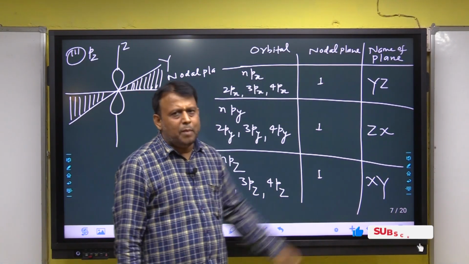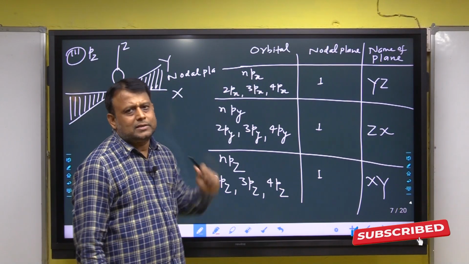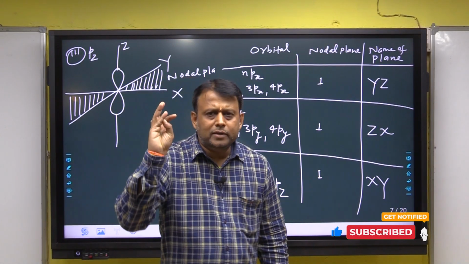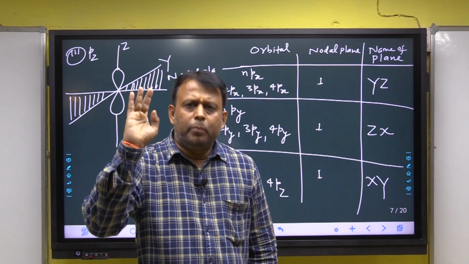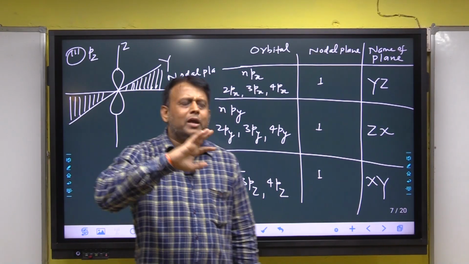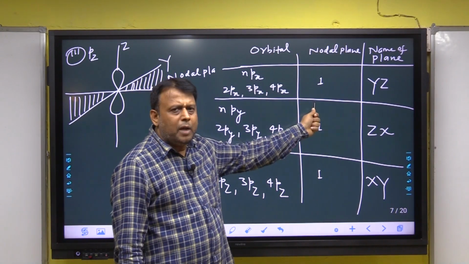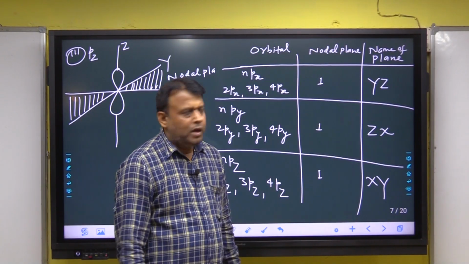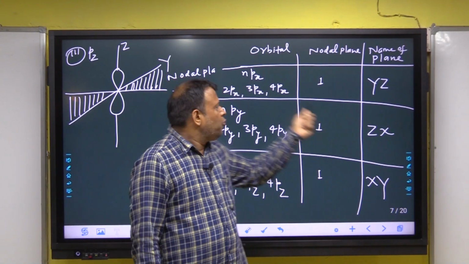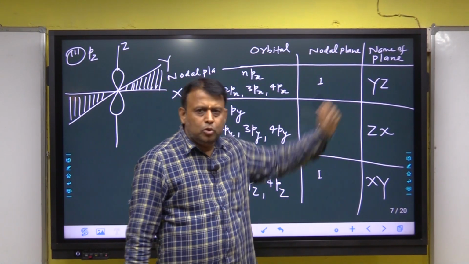Table: orbital, nodal plane, name of plane. For any px, 2px, 3px, 4px, 5px, number of nodal plane is 1, and name of plane is yz plane.